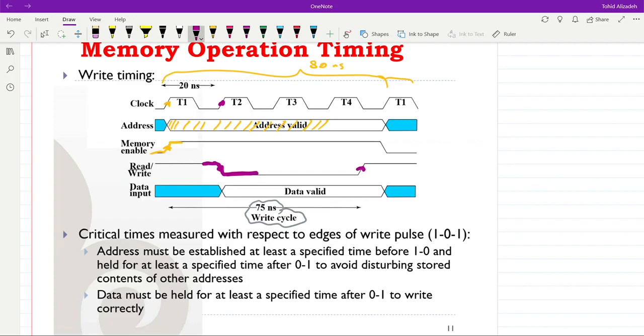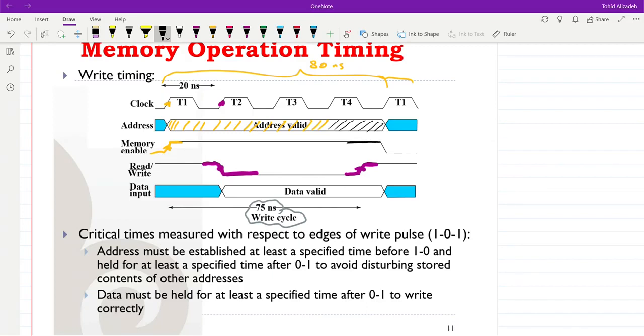Then you can see that when the CPU makes read-write 1 again, meaning that the data will not be written into the memory anymore, the memory enable is still at 1, meaning that the memory is enabled, and the address line keeps its valid address. This is done in order to avoid writing data into some unwanted element.